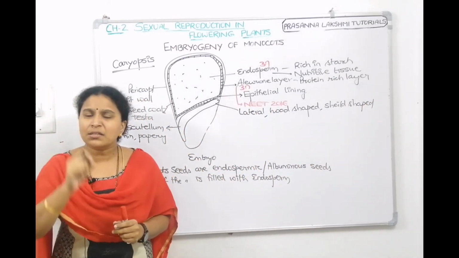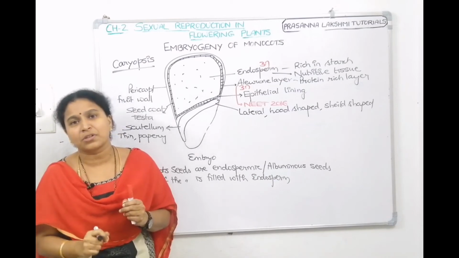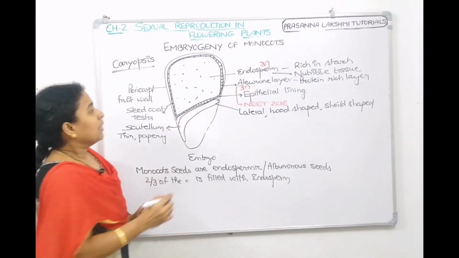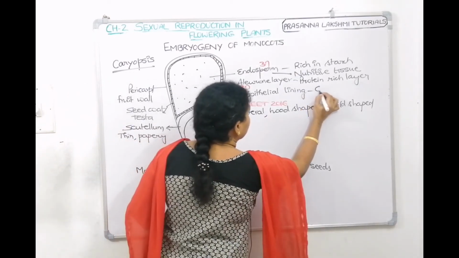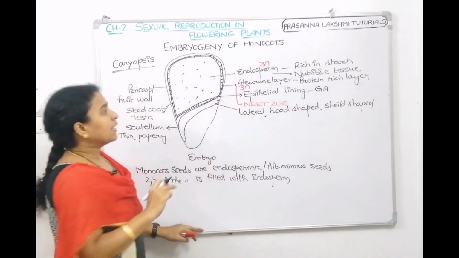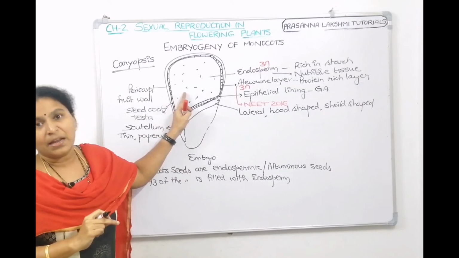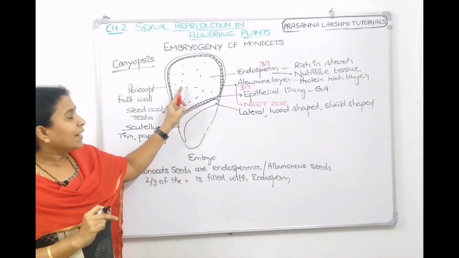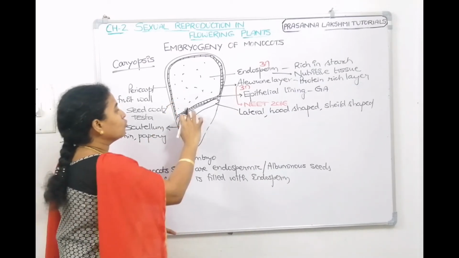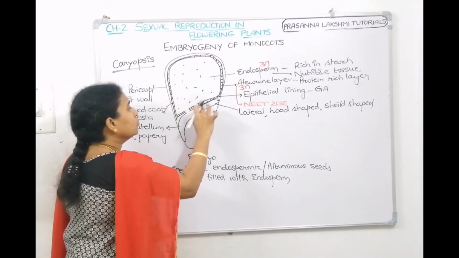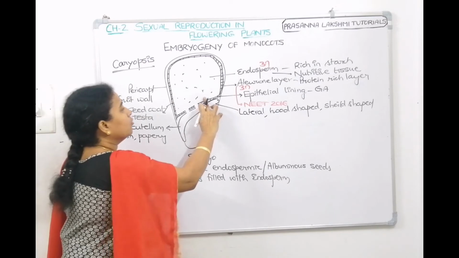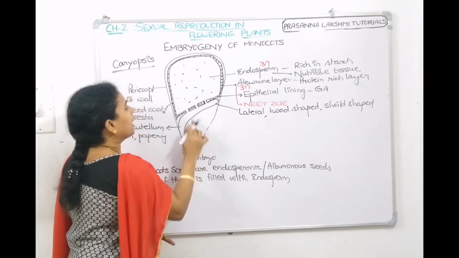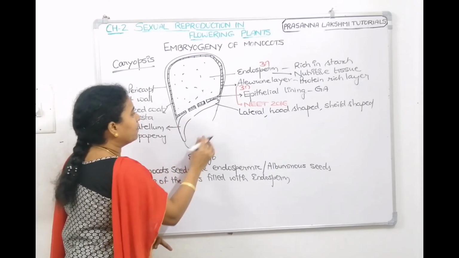Then why are you calling it a cotyledon if it is not providing nutrition? Here this epithelial lining secretes gibberellic acid and this gibberellic acid digests the aleurone layer and the endosperm. When the endosperm is digested, it supplies nutrients to the scutellum, and through the scutellum the embryo gets the food.